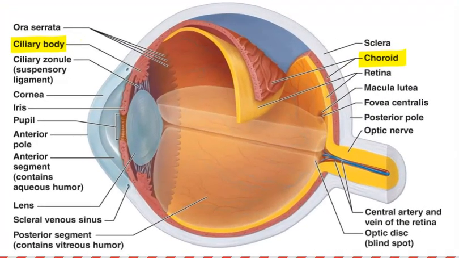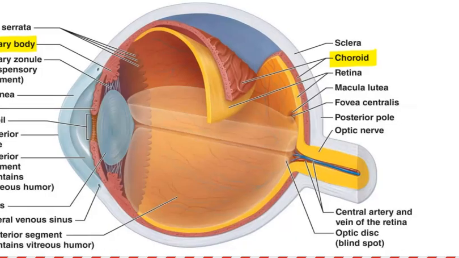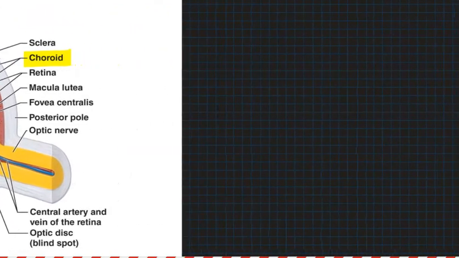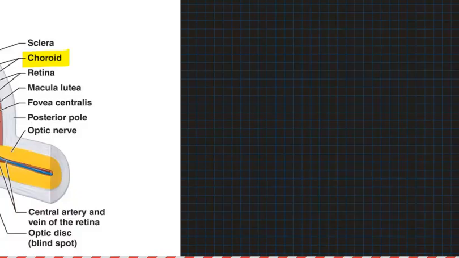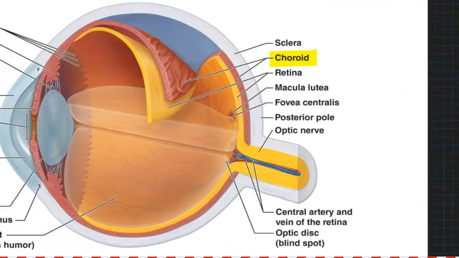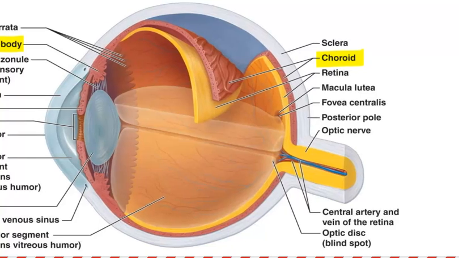The ciliary body is a circular structure, and I cannot stress enough how important what I'm about to tell you is. It contains structures that secrete aqueous humor, and it also contains what's called the ciliary muscle. It's a part of the ciliary body.